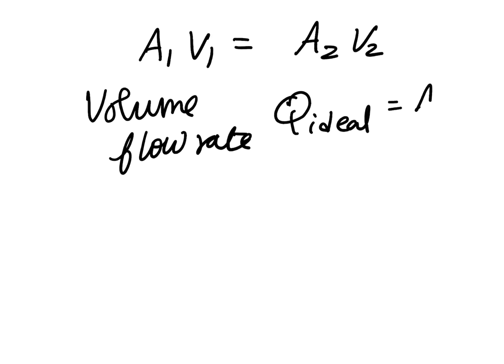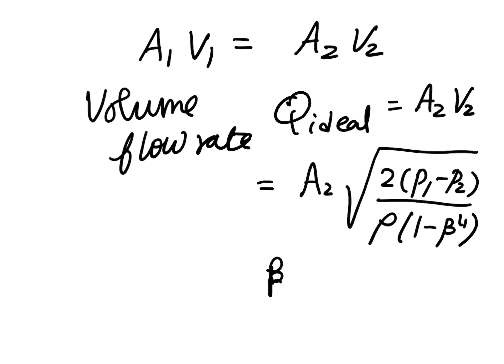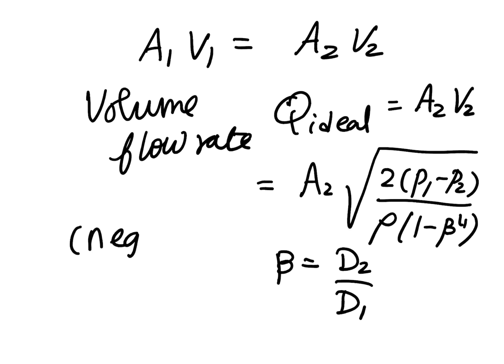This would be A2 V2, or square root of A2 times square root of 2 times (P1 minus P2) divided by rho times (1 minus beta to the fourth), where beta is d2 over d1.